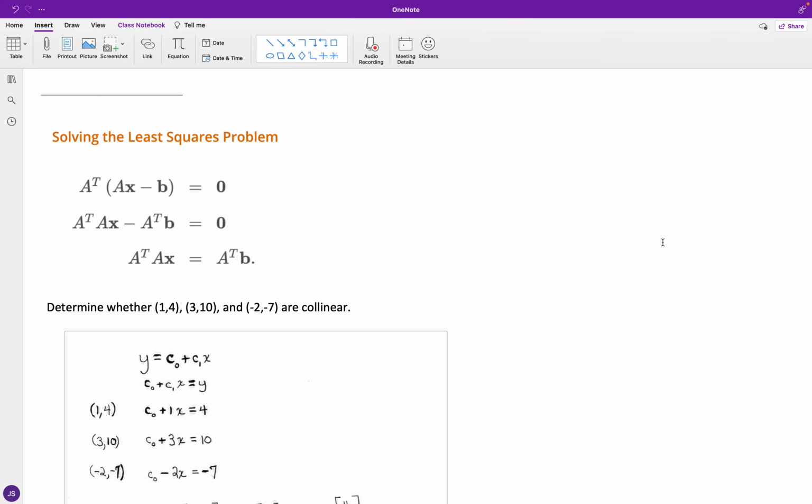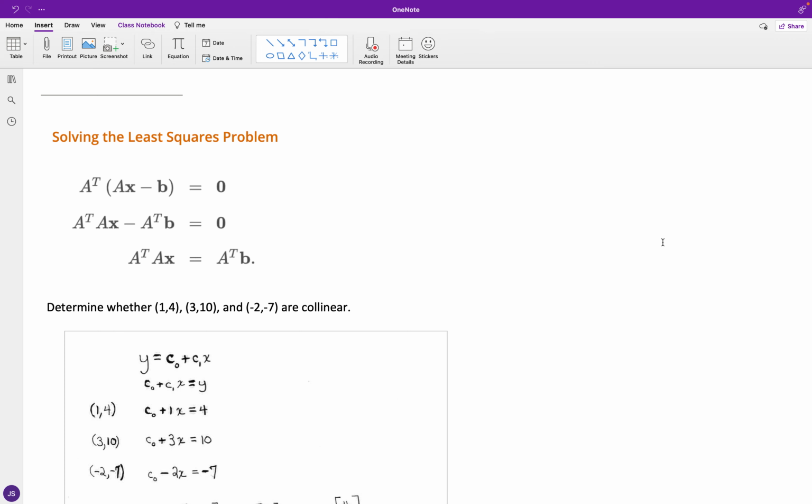And looking at items like scatter plots or points that are not quite fully in line with one another, so to speak, we can determine what is referred to as the least squares line or the least squares regression line. And in this part, we're looking at solving what is referred to as the least squares problem. This will involve the use of matrices, especially coefficient matrices and their transposes.